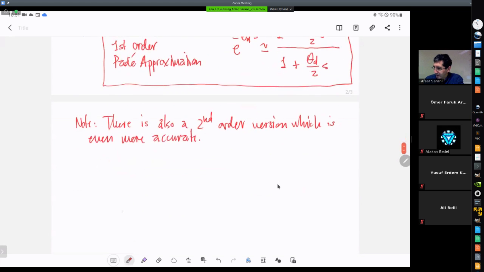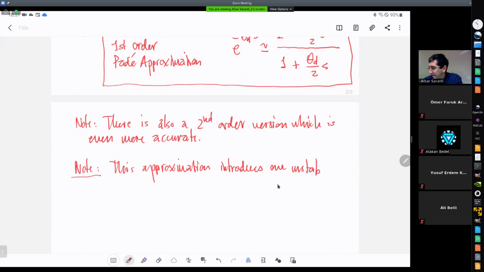So another note, this approximation introduces one unstable zero and a stable pole to the transfer function.